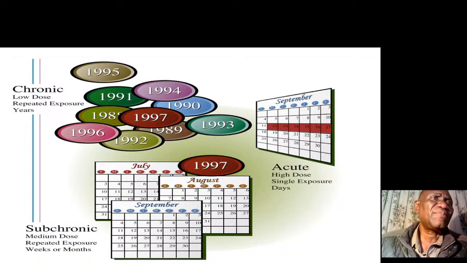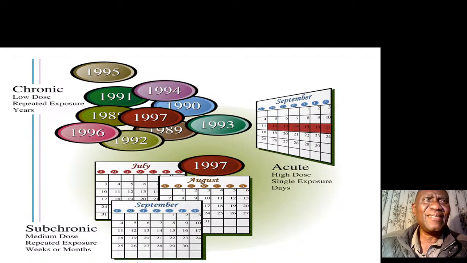Then the other exposure, which is low dosage but repeated exposure over the years, can affect workers who deal with pesticides. They are always exposed to these pesticides over a long period. We get chronic toxicity.